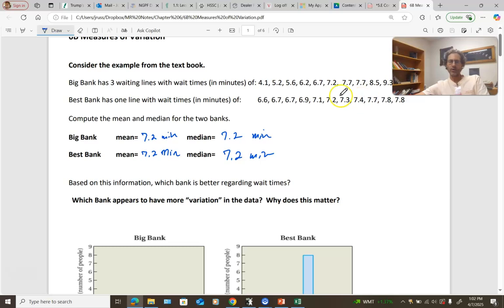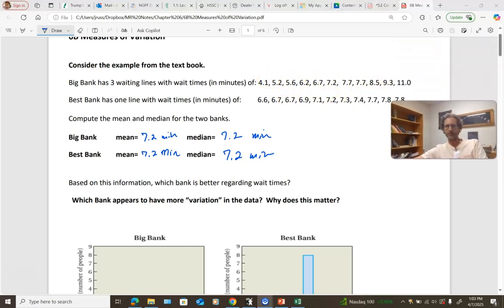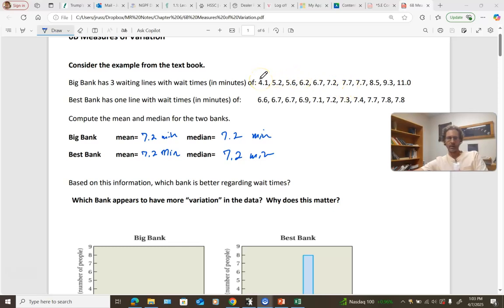So what I want you to take away from this is that these two data sets are completely different. The wait times from Big Bank range anywhere from 4.1 to 11 minutes. And then the wait times for Best Bank range anywhere from 6.6 to 7.8 minutes.